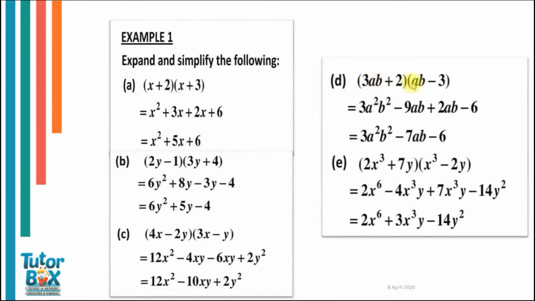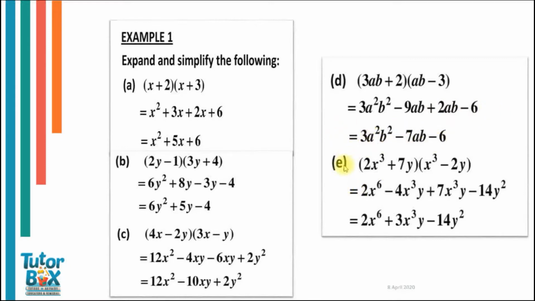We have 3ab, ab there, and then plus 2 minus 3. Okay, so we have 3ab times ab, that will be 3a squared b squared, because laws of exponents, remember, we have the same base, so we're just going to add the exponents there. Okay, and then minus 9ab plus 2ab minus 6. This will be equal to 3a squared b squared minus 7ab minus 6.